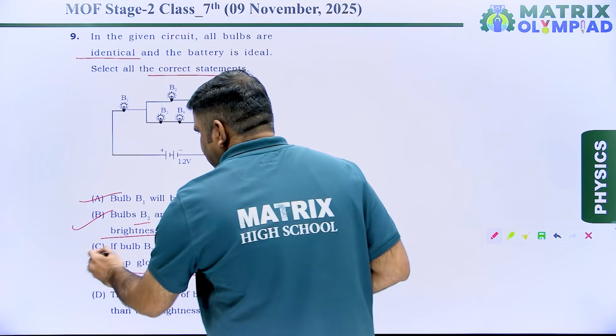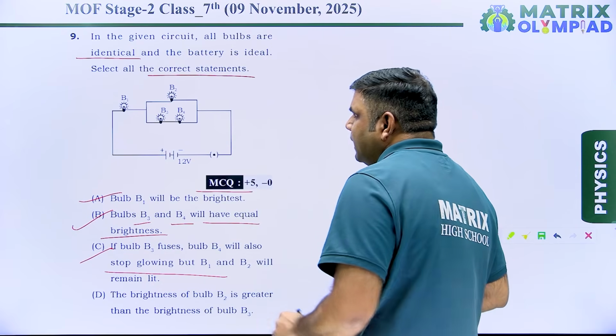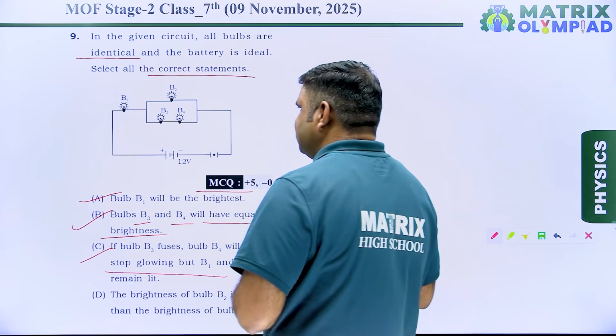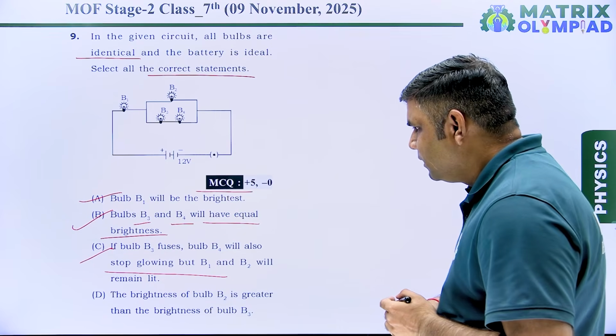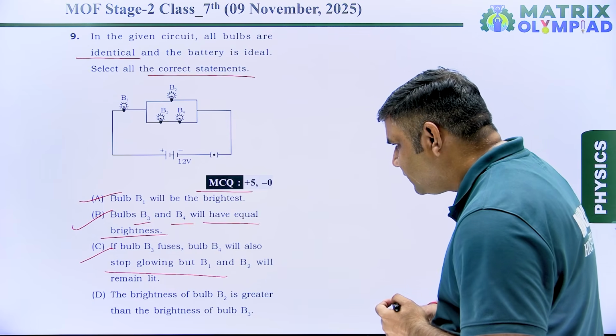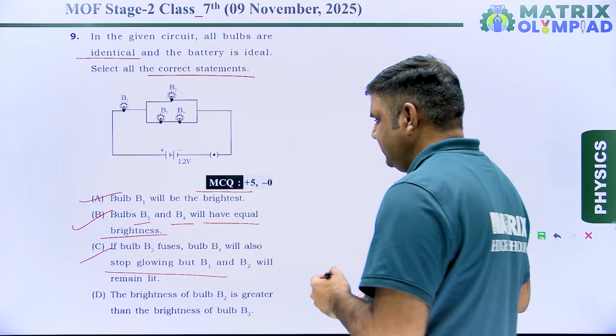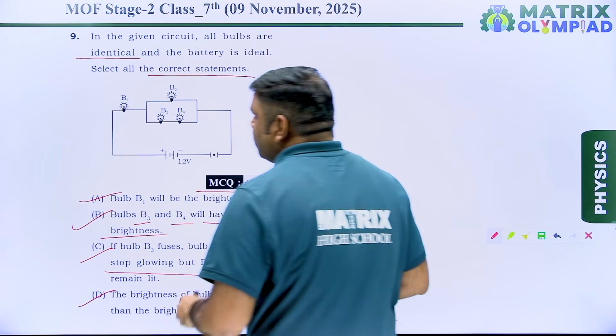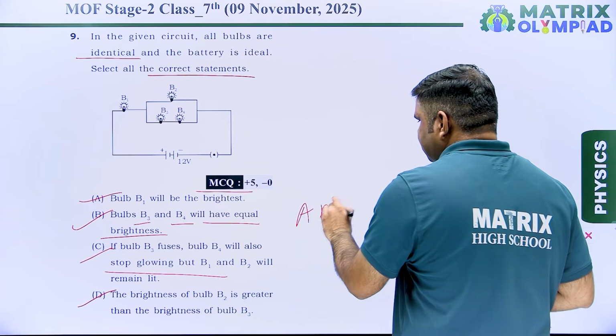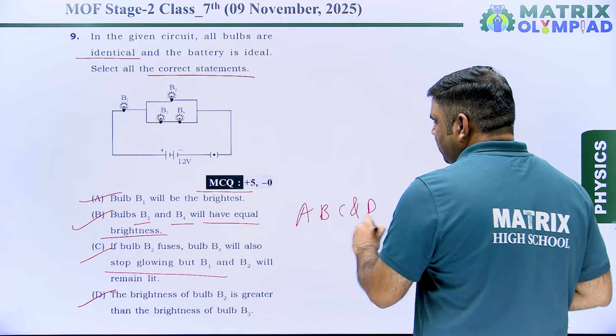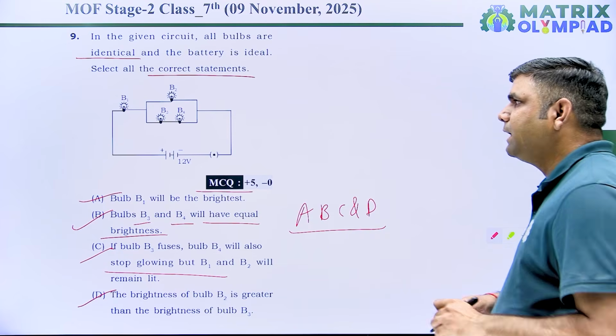Yes, because they are parallel and B3 and B4 are in series. The last is the brightness of bulb B2 is greater than the brightness of bulb B3. Yes, so A, B, C and D, all the options are correct for question number 9.